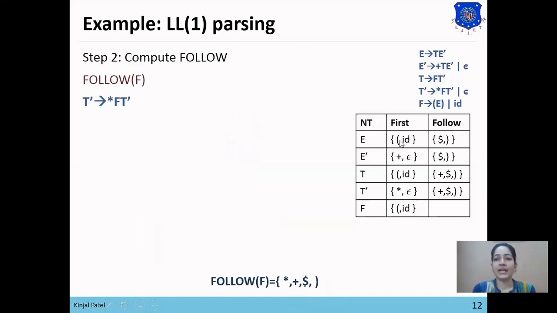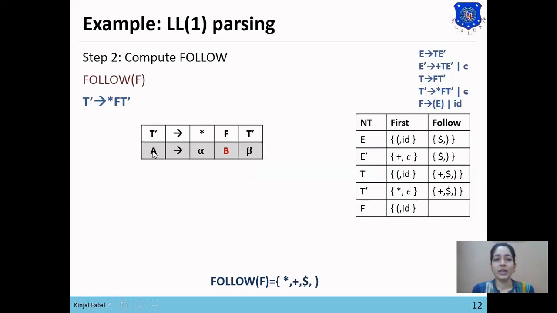Now we will apply the rule to T dash produce star FT dash, as F is present in the fourth statement of our given grammar. So we'll compare this with the statement of the rule. So T dash produce star FT dash matches with the statement A produce alpha B beta.